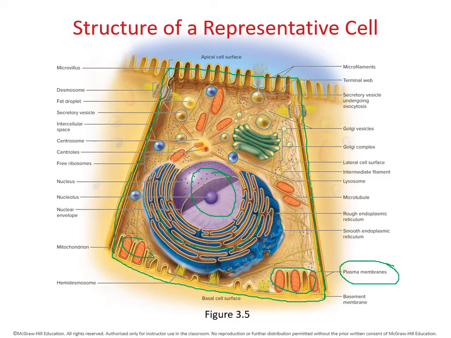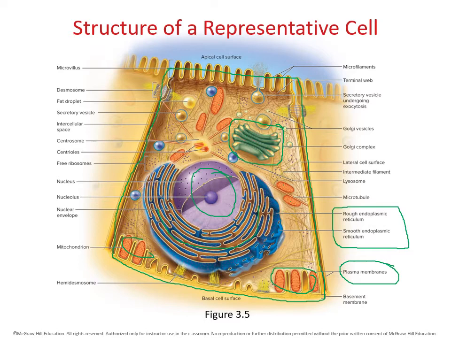In blue, we have our Golgi apparatus. My apologies, that's not the Golgi apparatus. That's the ER, the rough ER and the smooth ER, the endoplasmic reticulum. Here is the Golgi apparatus, also known as the Golgi complex. Beautiful. Part of what we'll do, as I mentioned to you before, is at the end of the chapter, we're going to go ahead and take a look at what each of them contributes to a cell.